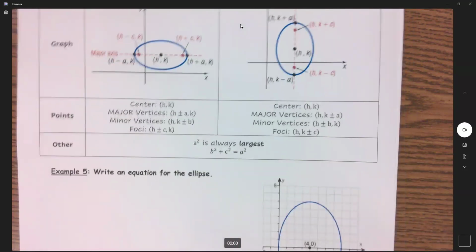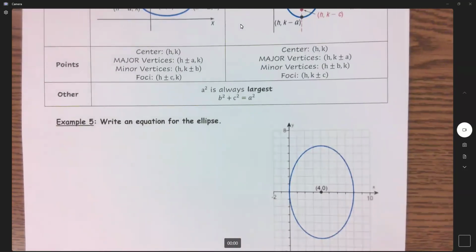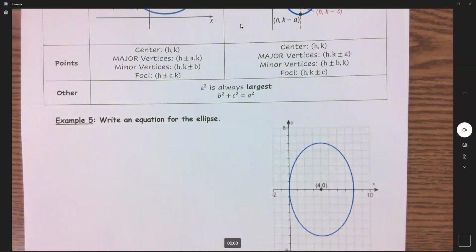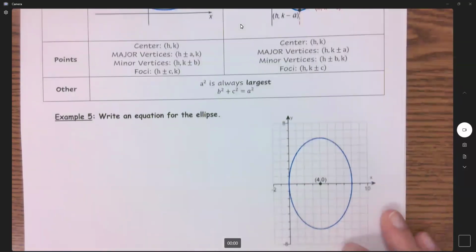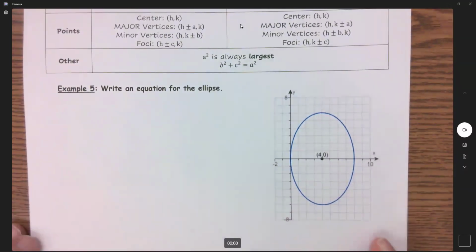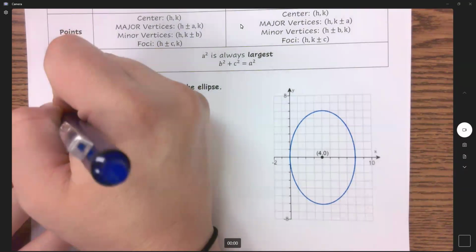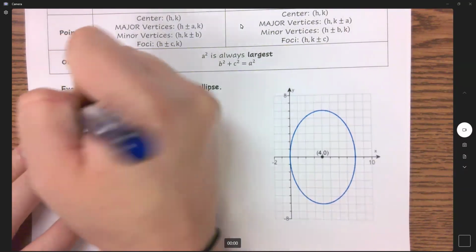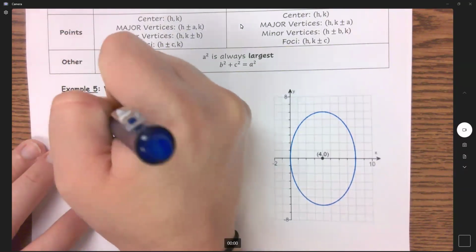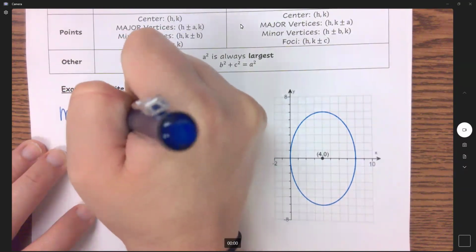So let's try this one here. Write the equation for the ellipse, and we have a picture of one. So we need to identify what my major axis is, because that will tell me which version of my formula I'm using.